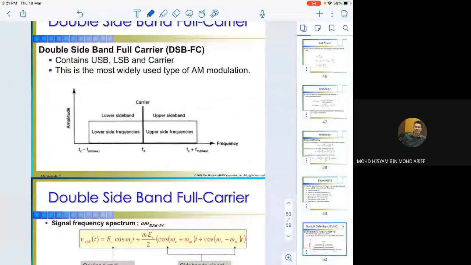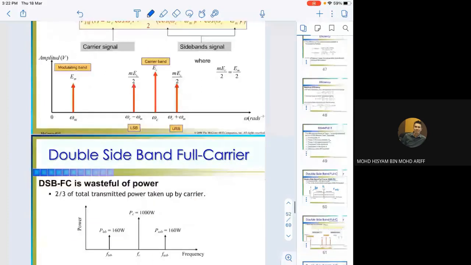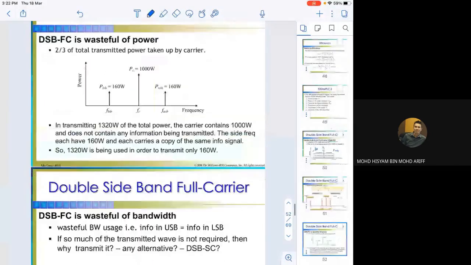This one is double sideband full carrier. You have the traditional one: P upper sideband, P lower sideband, P carrier. So double sideband full carrier, no problem.